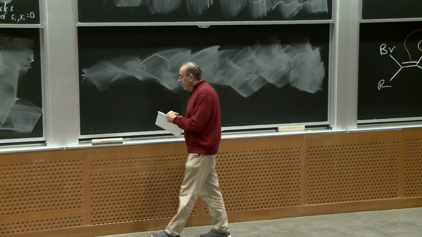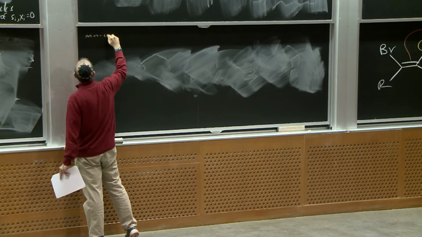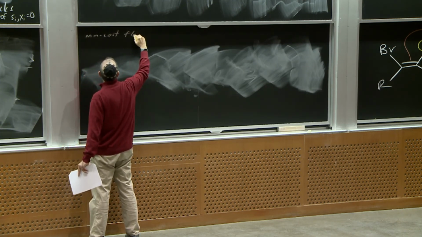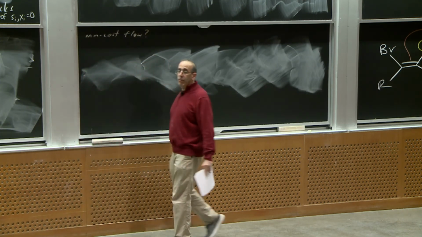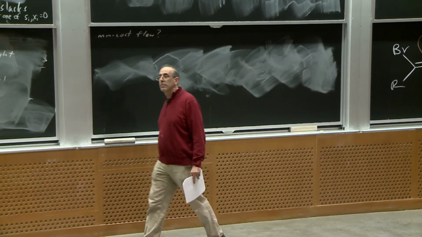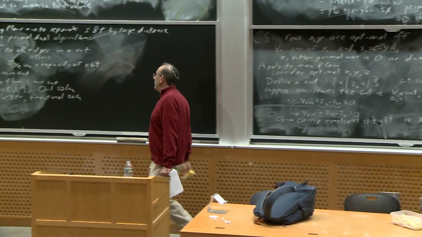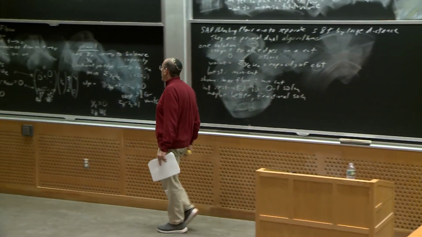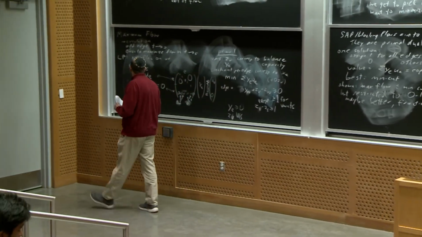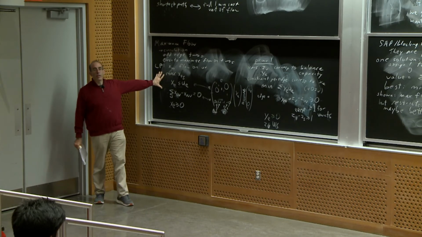So we did a whole bunch of stuff with max flow. What if we want to apply the same insights to min cost flow? What I'm going to do here is avoid redoing all of the work over here and just ask what changes in this problem formulation if we want a min cost flow formulation instead of a max flow formulation.